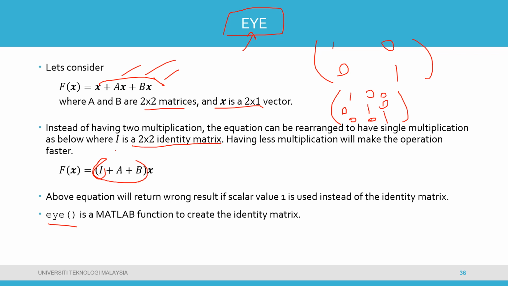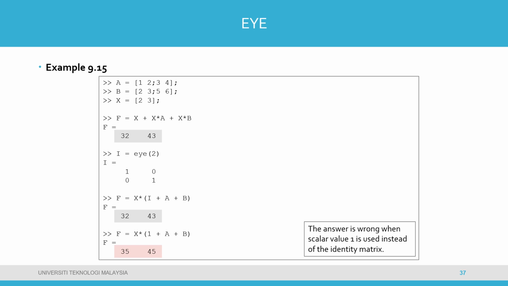So you can see here, this is a 2 by 2 matrix and x is a 2 by 1 matrix.